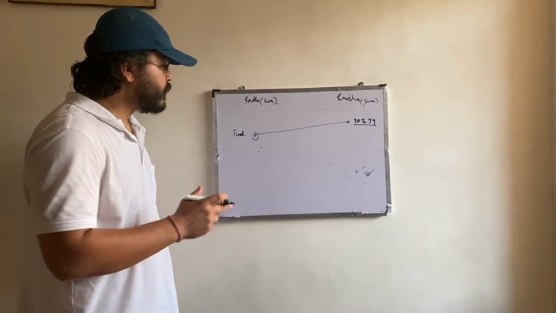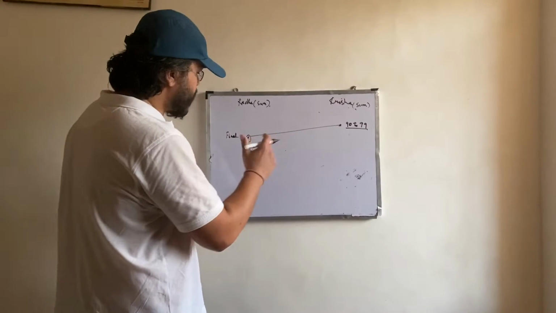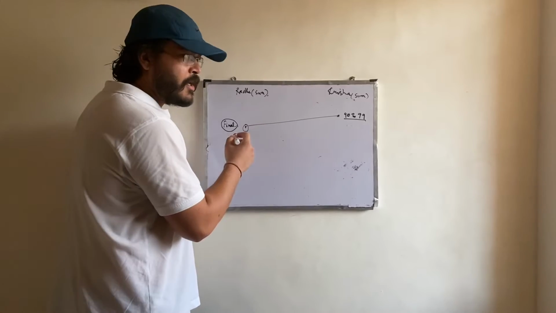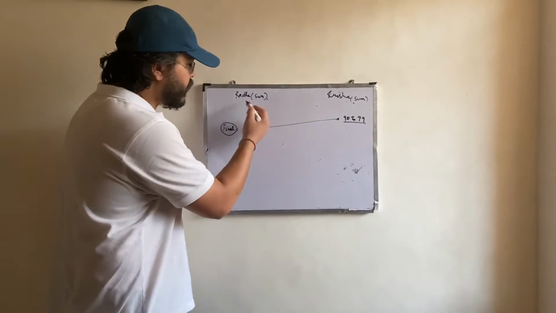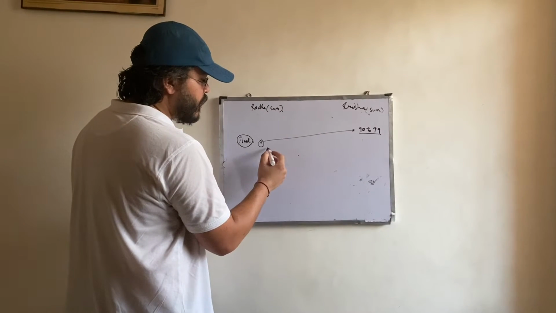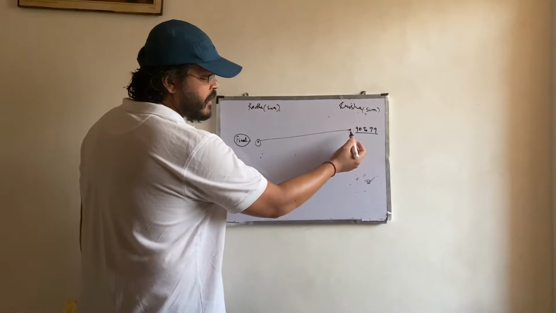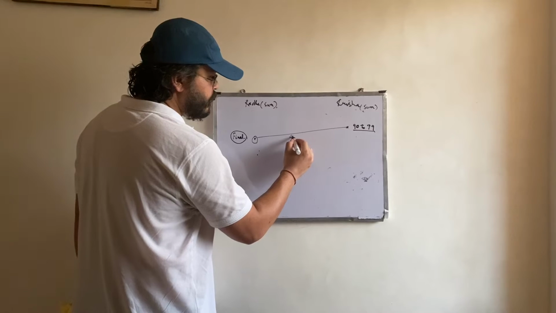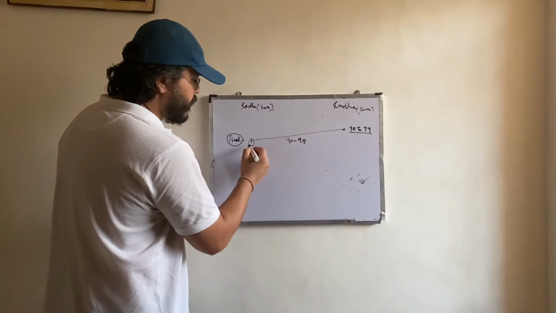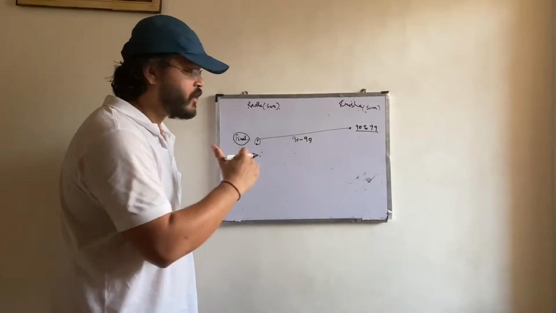So this is what we just discussed: at the final time when this guy gets the sum from the other guy, if he gets anything between 90 to 99, this is the condition where the game stops.